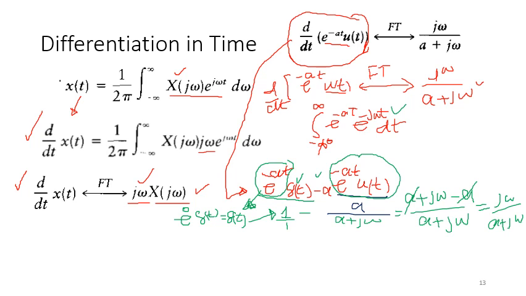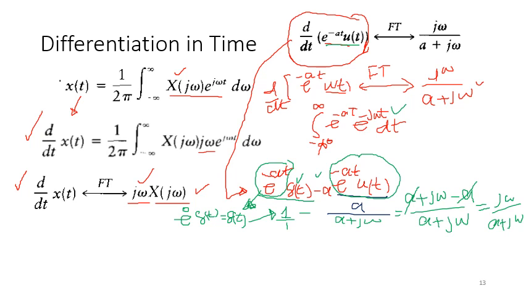So you understand that's a lengthier procedure to find the Fourier transform. The other one is quite straightforward because we know the Fourier transform of e power minus at u of t is 1 over a plus j omega.